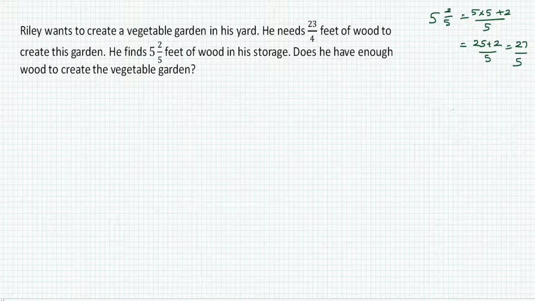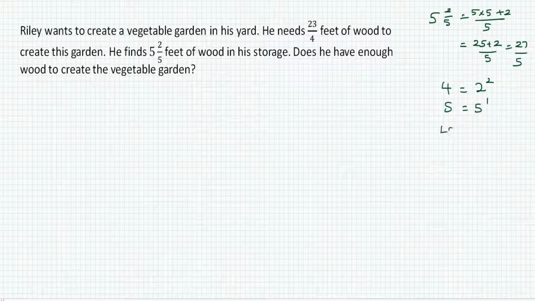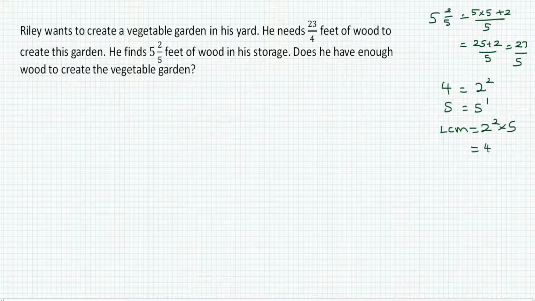and we now have 27/5. Next thing we're going to do is find the LCM of 4 and 5. 4 is 2 squared, 5 is 5 to the power of 1, so LCM is going to be 2 squared multiplied by 5, which is 4 multiplied by 5, and that's going to give us 20.